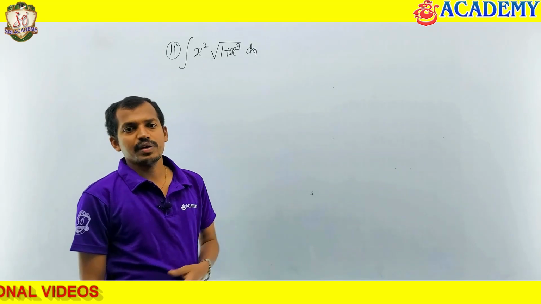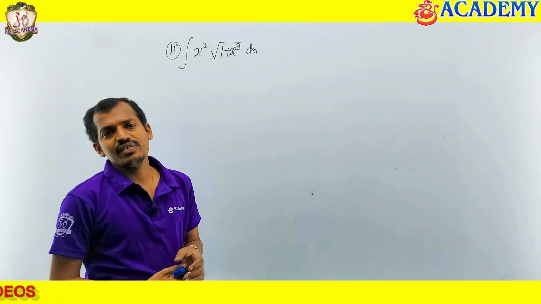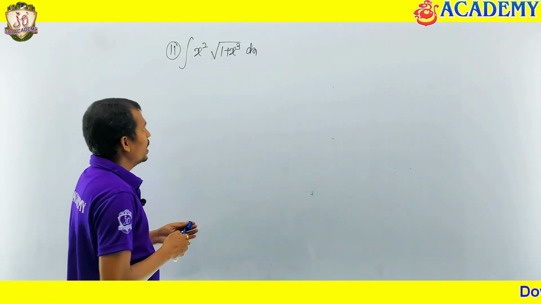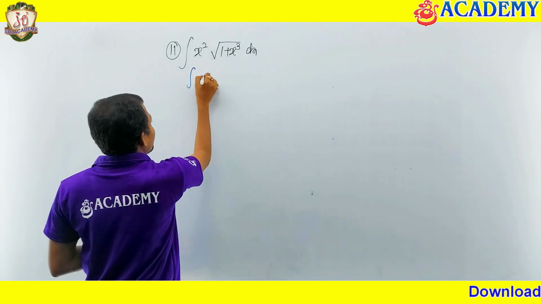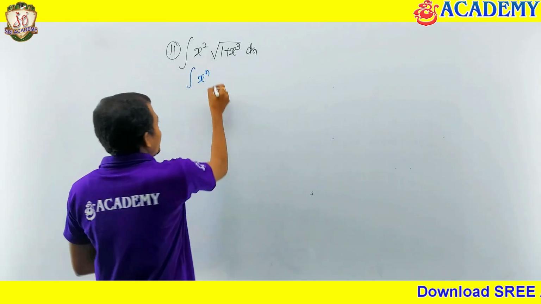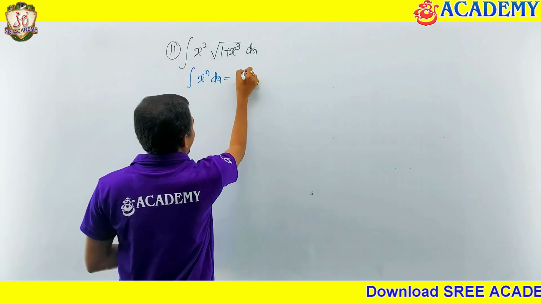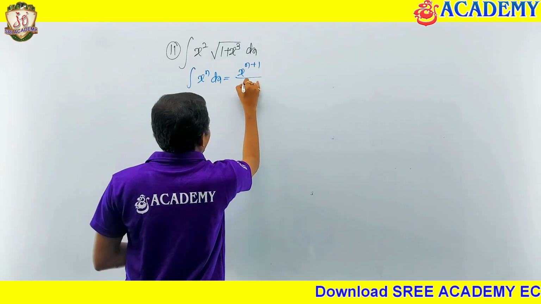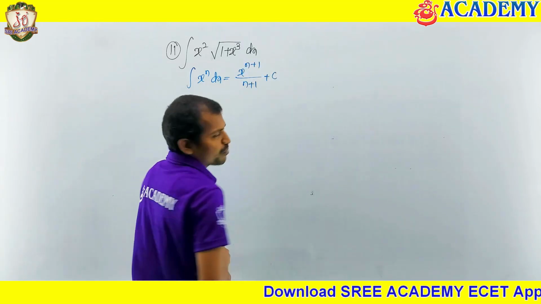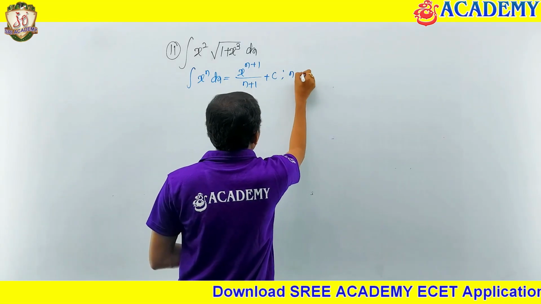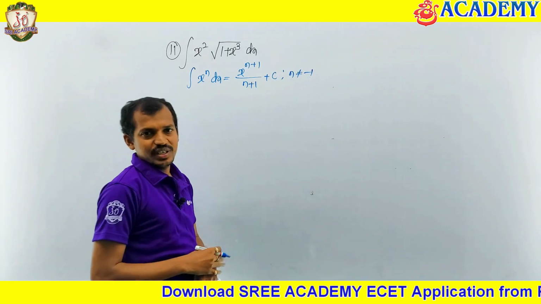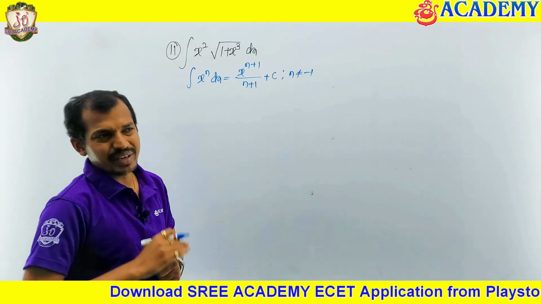Let's view this problem. Here I am creating one more model. I know the formula: integral of x to the power of n is x power n plus 1 by n plus 1 plus c. Here always n is not equal to minus 1. If n equals minus 1, it is going to be 1 by x.